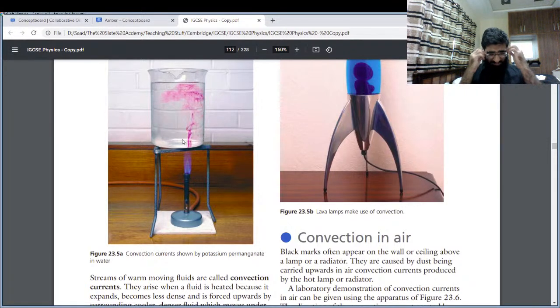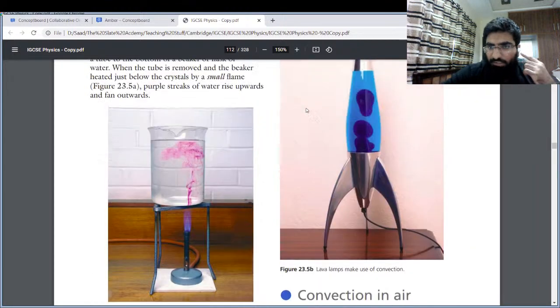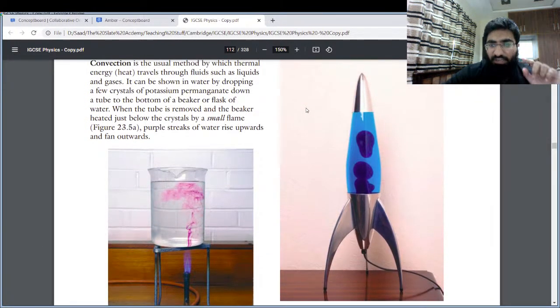That is where we get the name convection currents from. These convection currents are observable in wind which blows over the land. From the sea, hot air comes to the land, and then as it loses its energy, it goes back to sea, and we have those current cycles. The same phenomenon happens with air as well. And this is the very phenomenon which helps hot air balloons go up. You must have seen air lanterns.